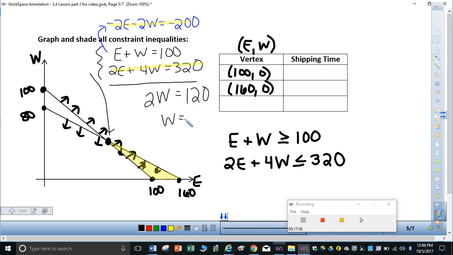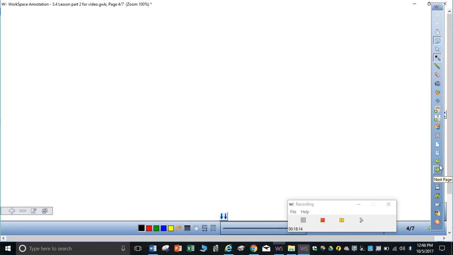You're going to divide both sides by 2, and we end up getting 60. 60 is the W value of the intersection point, and then if they have to add up to 100, E would have to be 40. So this represents 3 combinations that could possibly give us the minimum shipping time.